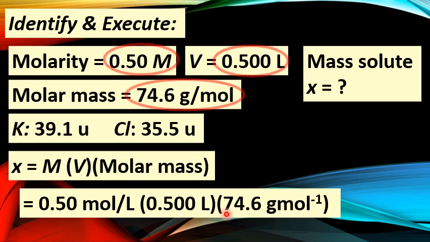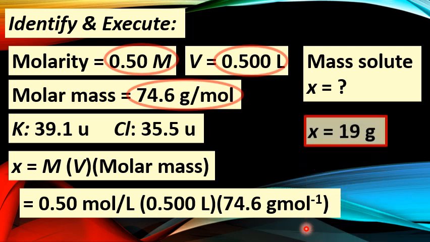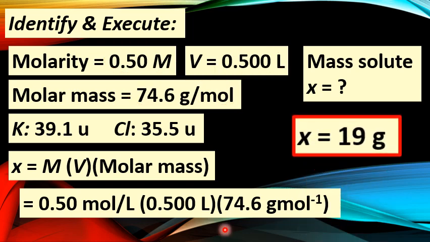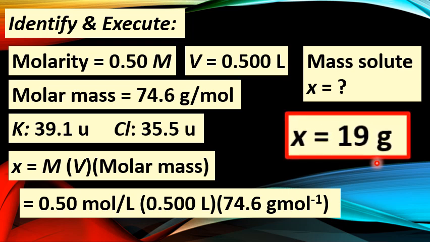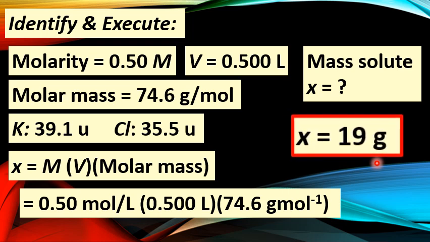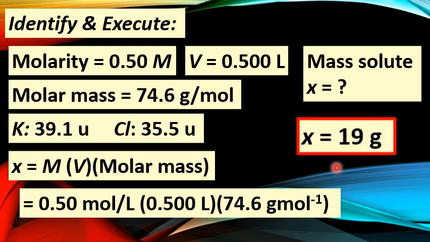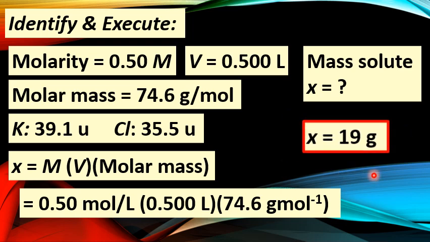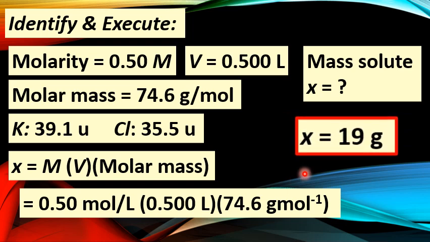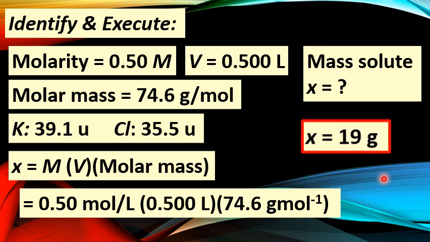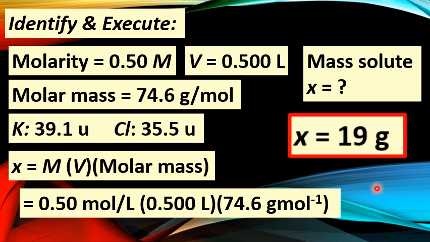So doing our math, we will get the value of X in two significant figures, which is 19 grams. And this is the mass of the solute potassium chloride, which is our final answer to question number 2.